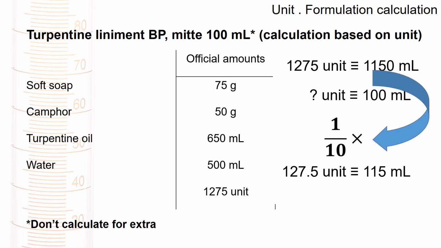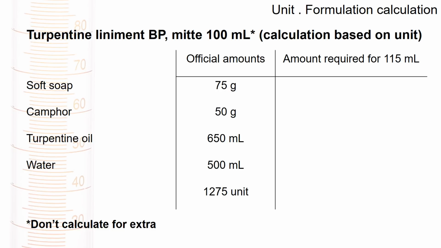This will be very easy because every time it is just 10 times smaller. So with that, I'm sure that you won't have any problem calculating for 150 ml, and when it totals up, everything will give you 127.5 units, and you will have enough to dispense 100 ml in the end.